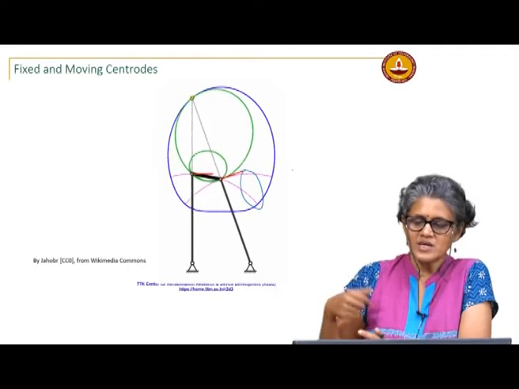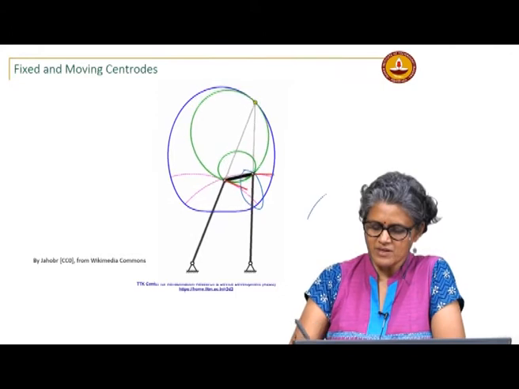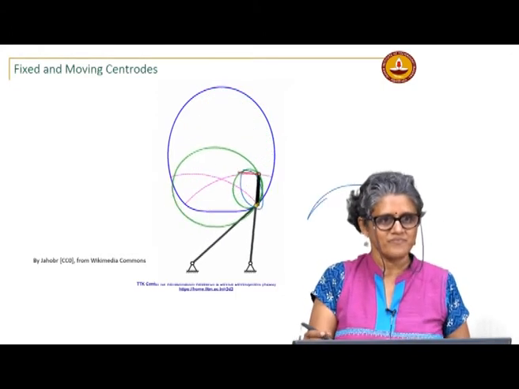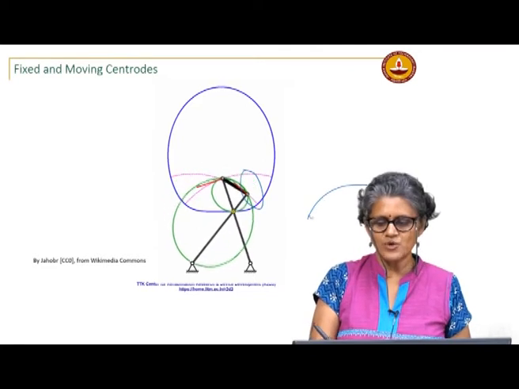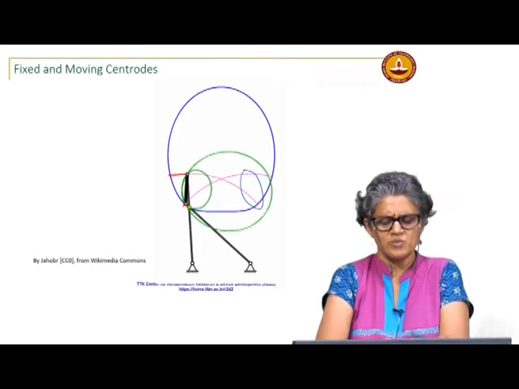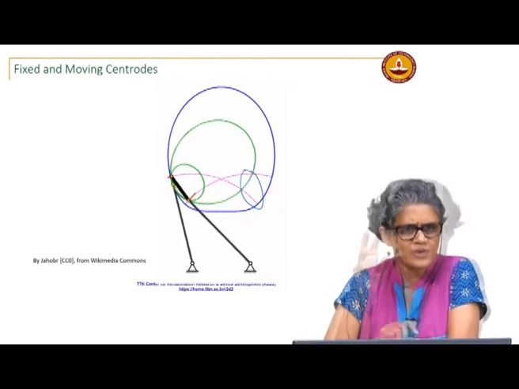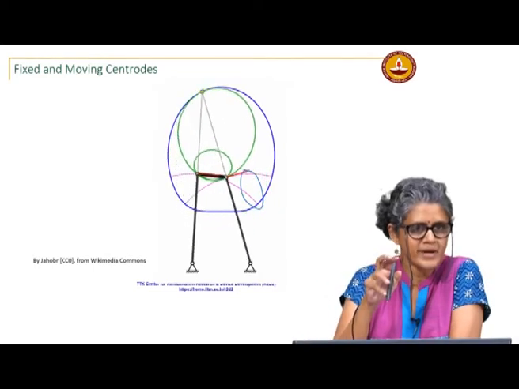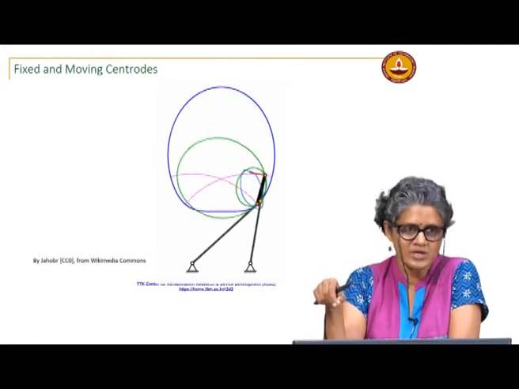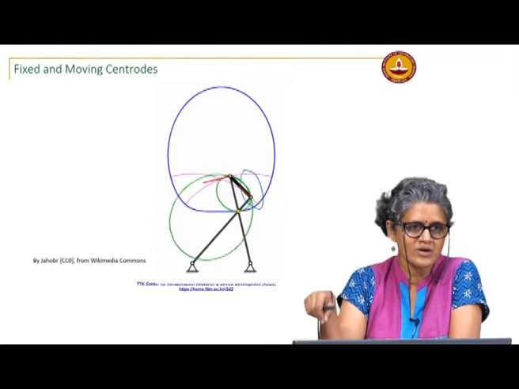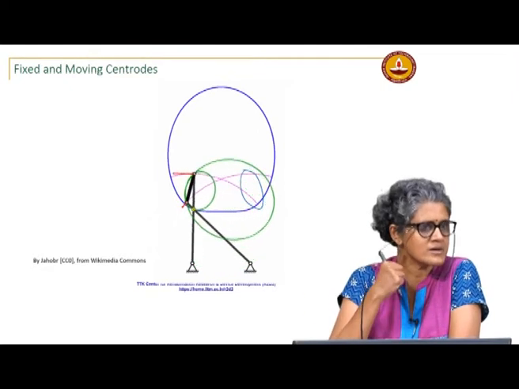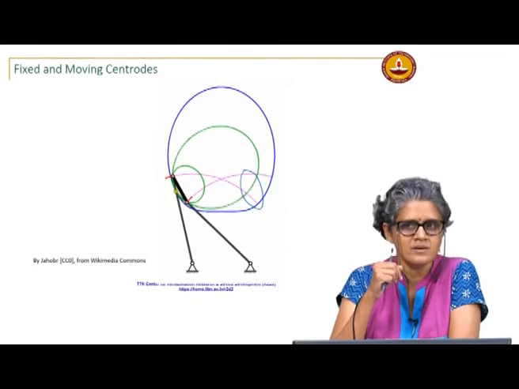So, the circular arc is basically like something with a double cusp, kind of collapsed. That's essentially what the circular arc is. So, maybe that's the only one. So a true coupler point, something that is not on the input or the output link, on the crank or the follower, will probably have only one cusp, okay.